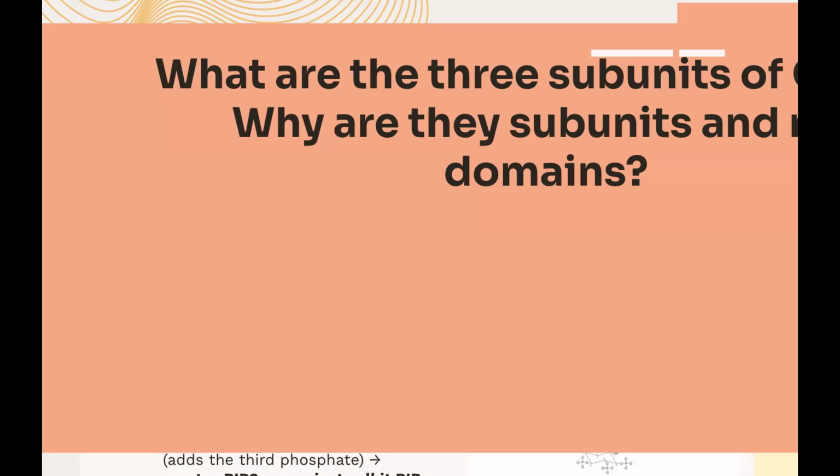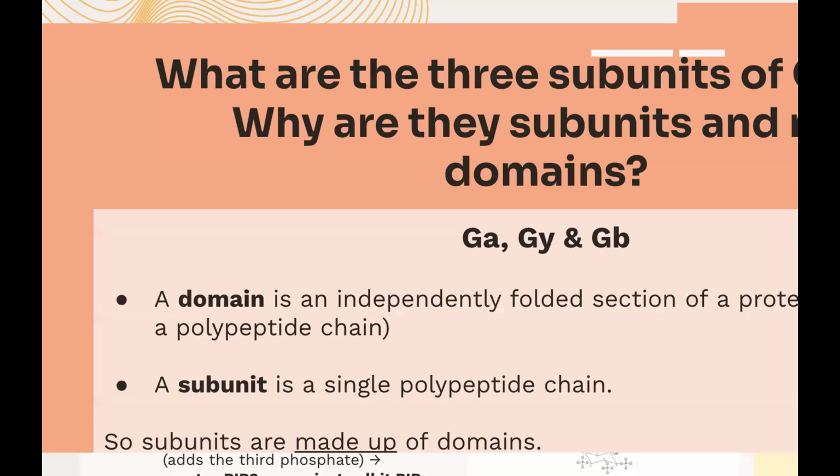They're subunits because they're individual polypeptides. Exactly. So it's alpha, beta, gamma, and subunits are single polypeptide chains, each a separate one. A domain would be all part of the same protein, but independently folded parts. And they're all separate. Make sense?